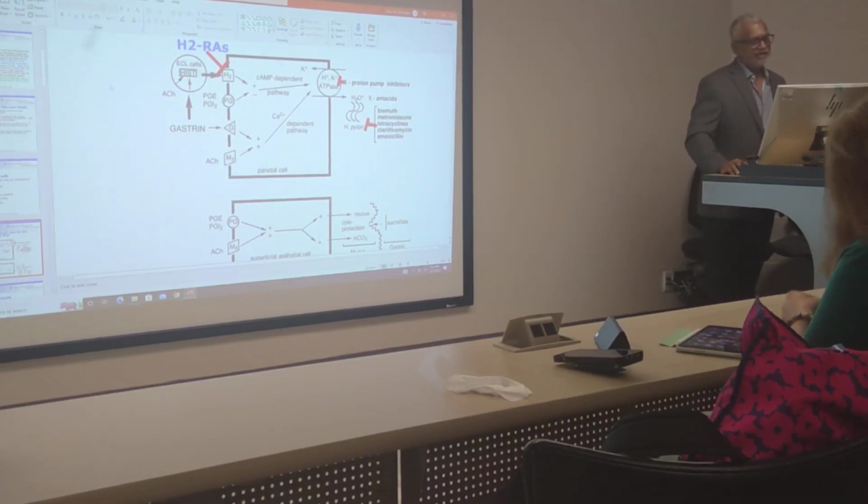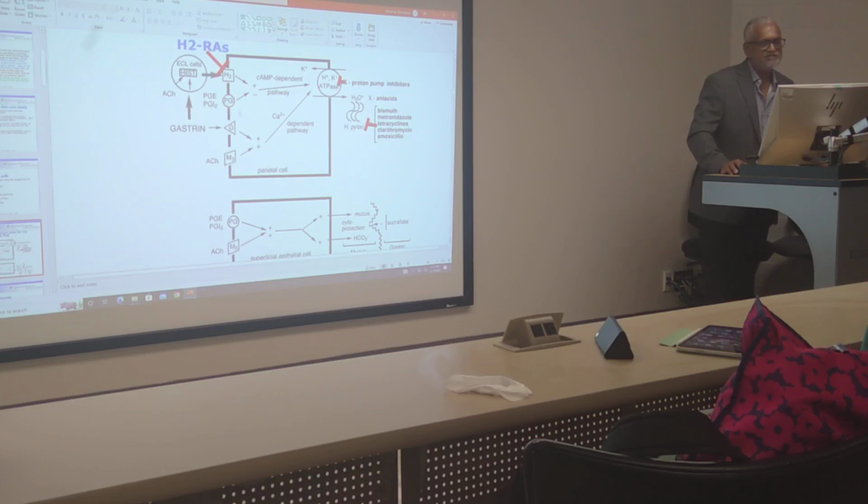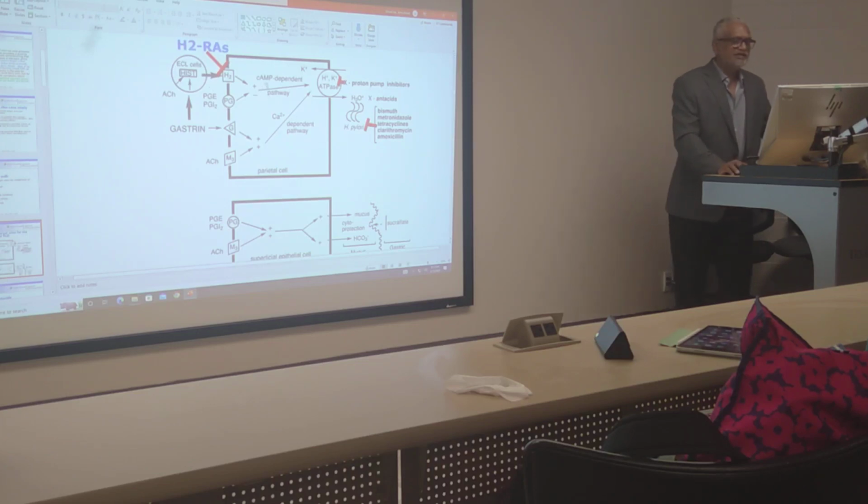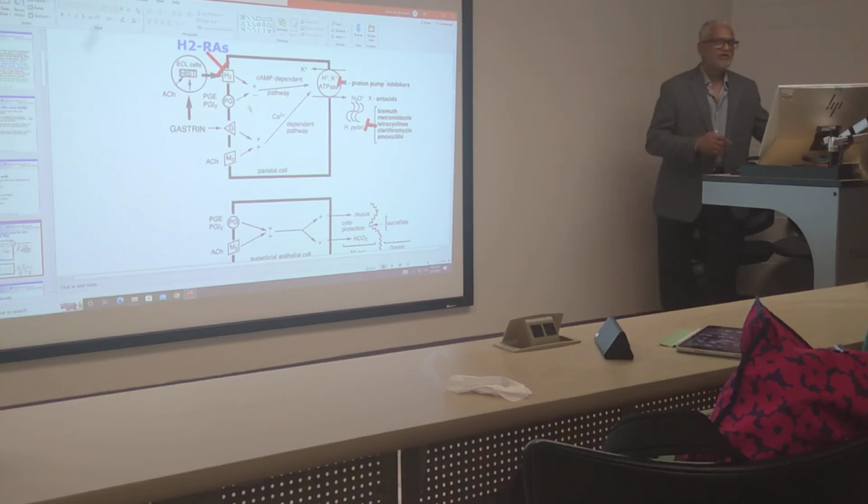When the activation is happening, if there is prostaglandin, PGE or PGI2, they bind to the prostaglandin receptor and work in the opposite way: they decrease cyclic AMP. Remember, with gastrin, acetylcholine, and histamine, receptor activation increases cyclic AMP, which causes proton pump activation.